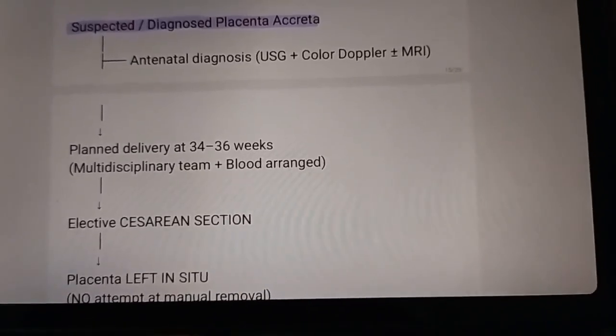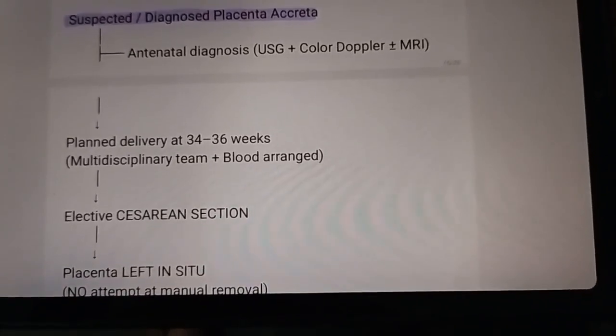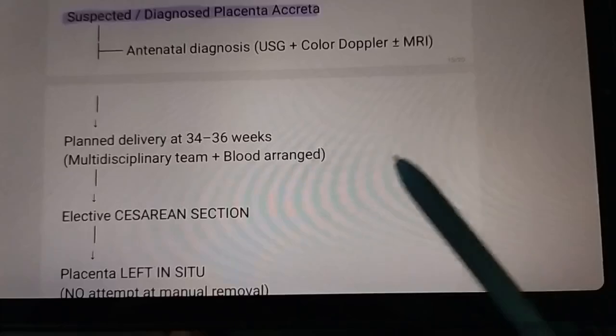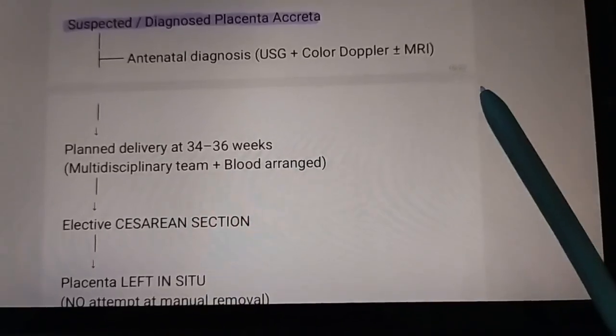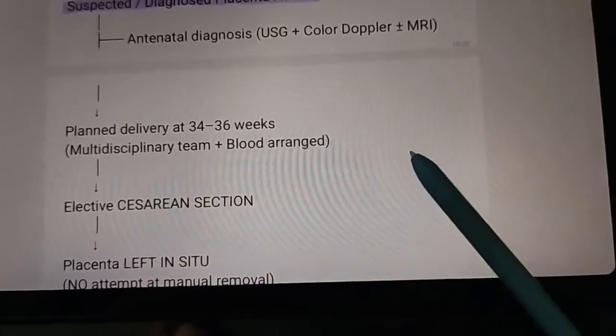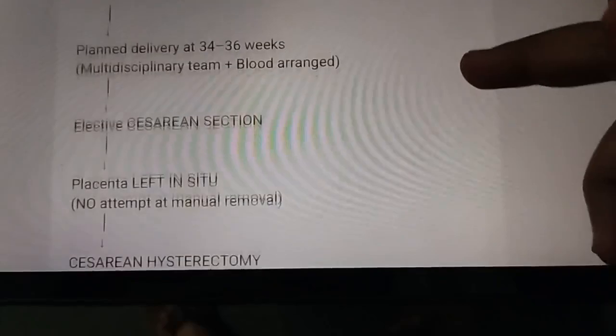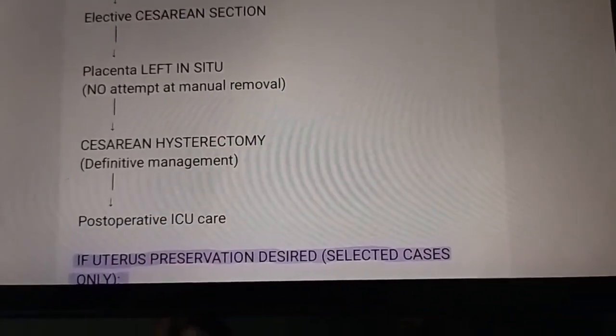Management is planned in two different conditions. First, if it is antenatally diagnosed, then we plan delivery at 34 to 36 weeks and an elective C-section is planned. Placenta is left in situ, and then we do hysterectomy.